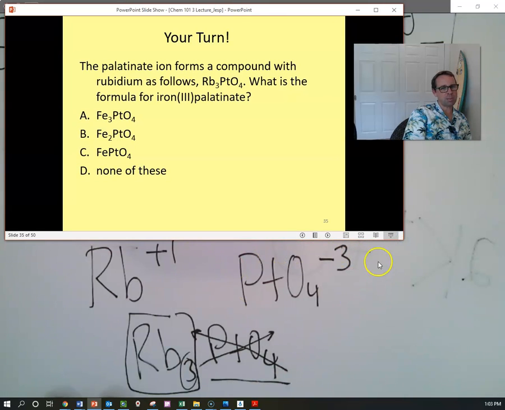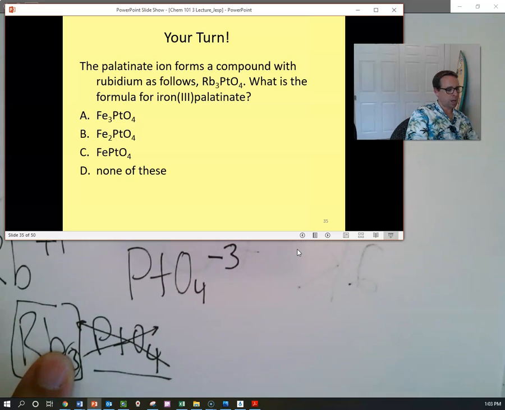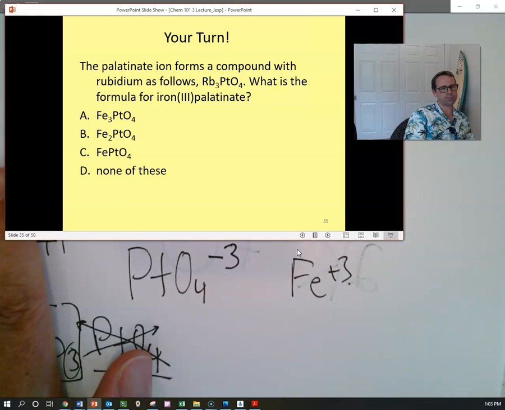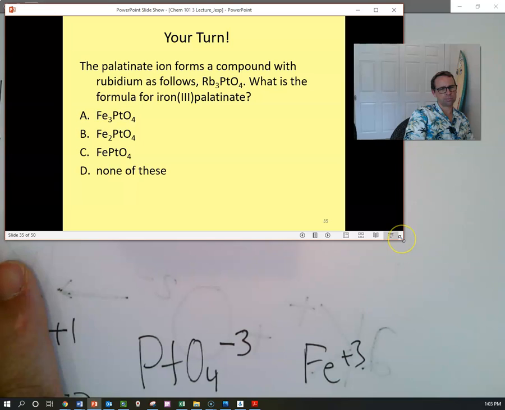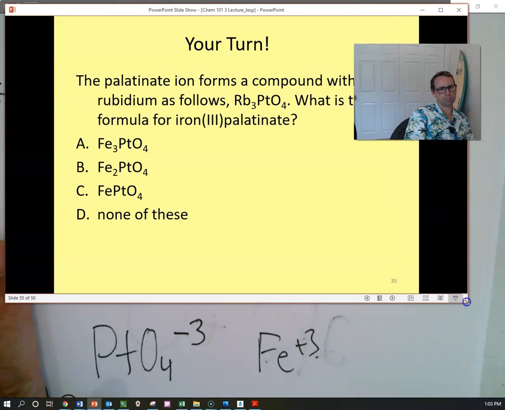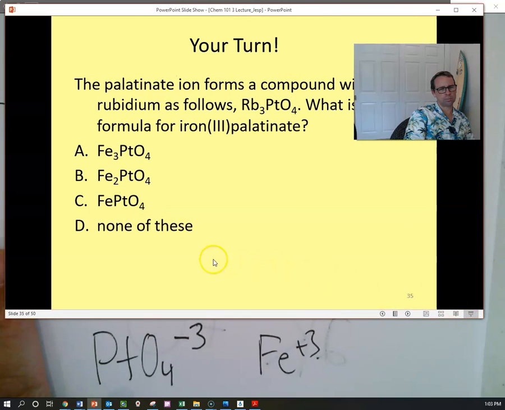So if the platinate is a -3 charge, then we can answer the rest of the question. How is it going to want to combine with an iron +3 charge? What's our answer?